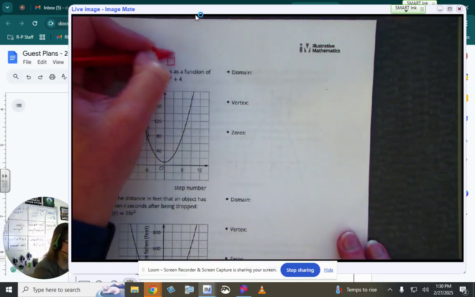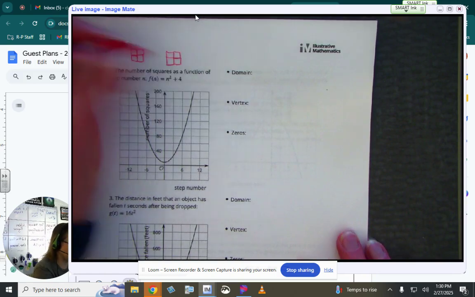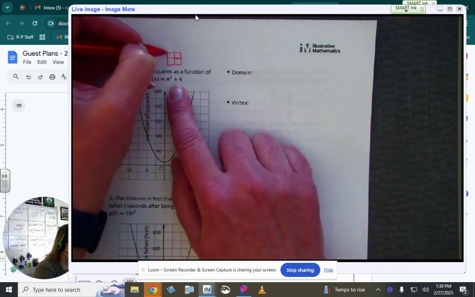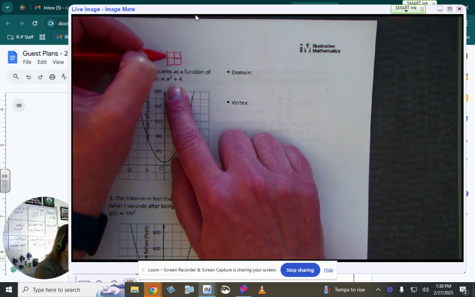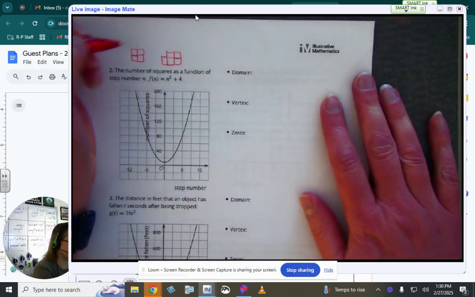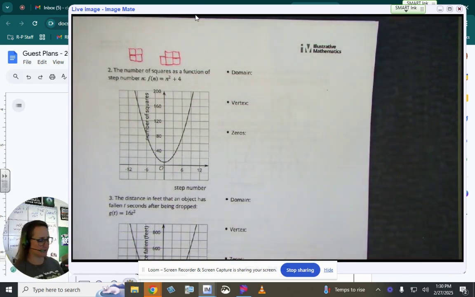And then the next one is a pattern of squares, and then it does something else. 1 squared plus 4, those kinds of things. So it's got this pattern that's going on.